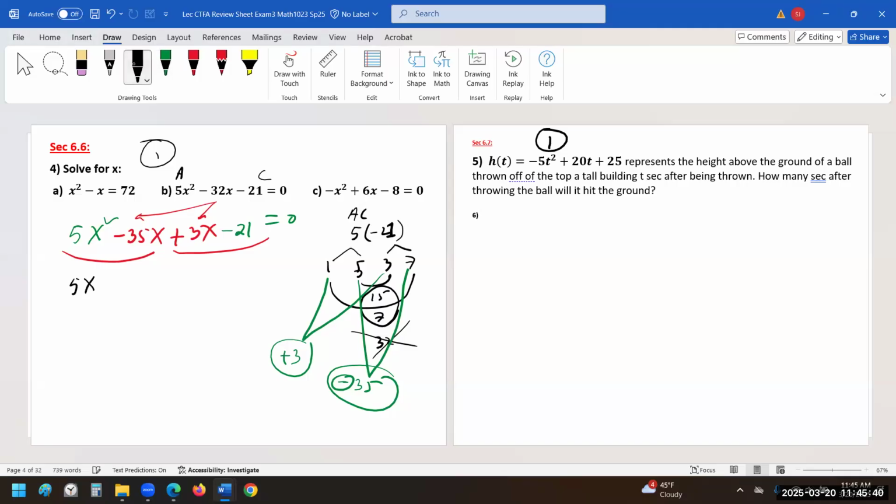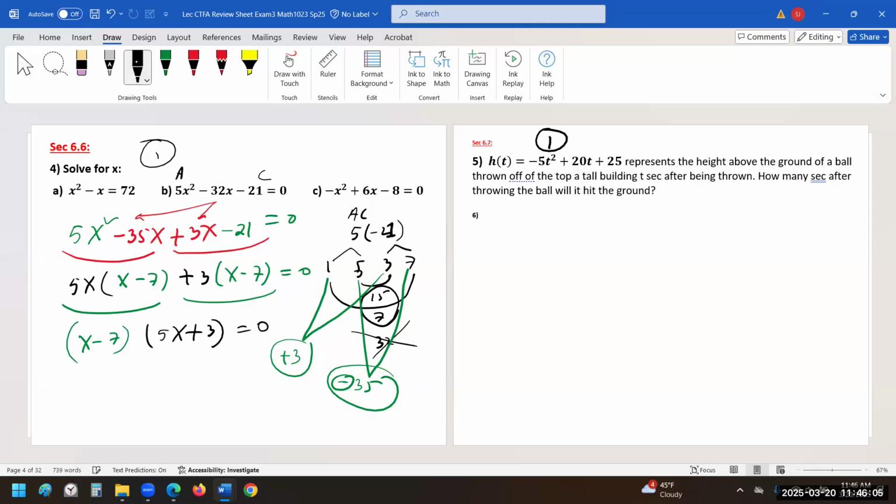So you see 5 and x in the first group, you have x minus 7. Then in the second group, you have +3, you get x minus 7. Then again in both groups, you see the same thing, x minus 7. So you factor that out, and you get 5x plus 3.